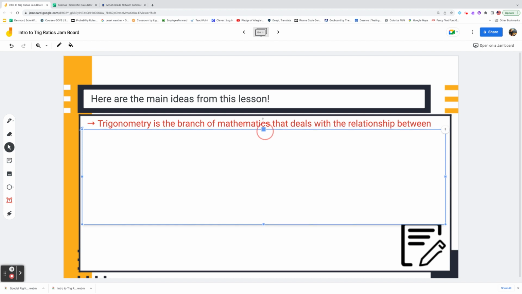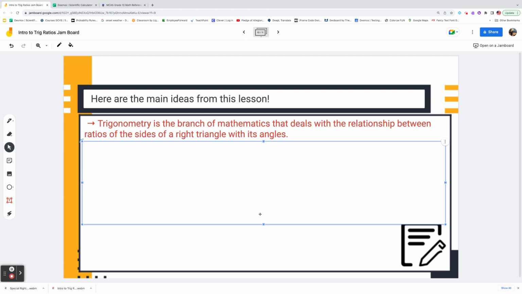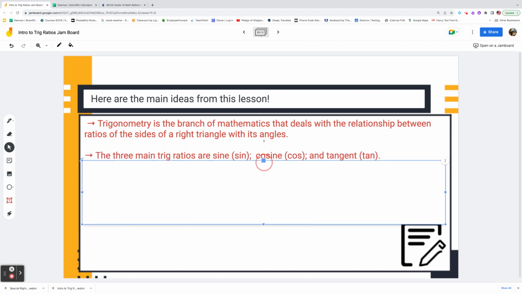Okay, so one thing, hopefully, is that you know that trigonometry is that branch of mathematics that deals with the relationship between the ratio of the sides of a right triangle and its angles. So we're talking about a right triangle, and we're talking about the ratio of sides. The three main trig ratios, did you remember to think about this? Sine, cosine, and tangent with their abbreviations.